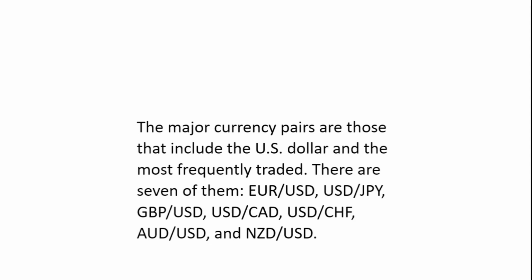So major currencies are those that at least have the US dollar. So it's US dollar against the pound, US dollar against the Canadian dollar, like that. Those are the major currencies.